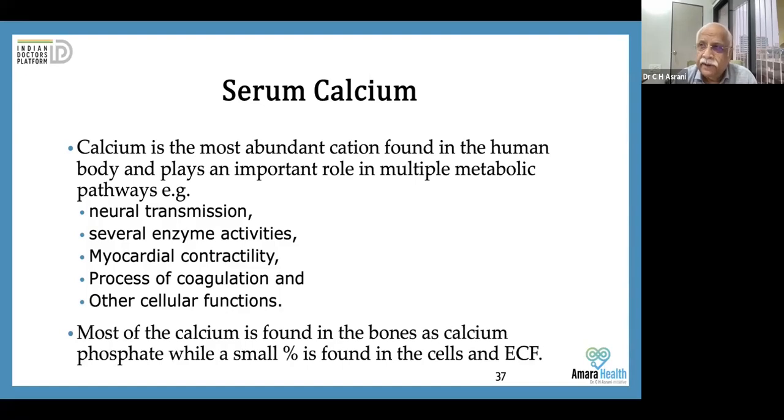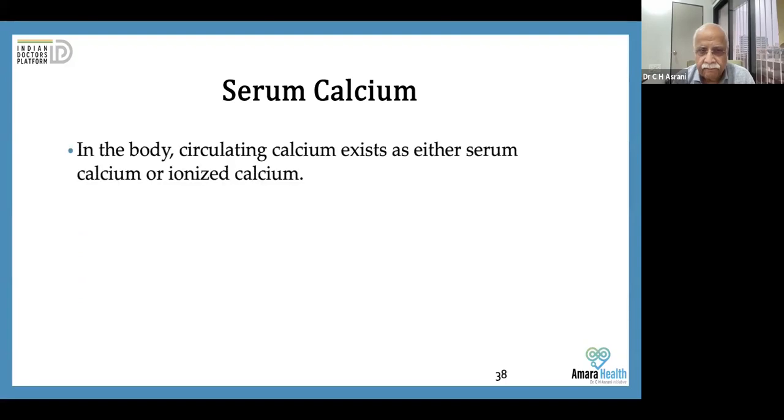Most of the calcium is found in bones as calcium phosphate, while a small percentage is found in the cells and extracellular fluid. In the body, we have calcium which exists in two forms: total calcium, circulating calcium, and ionic calcium.